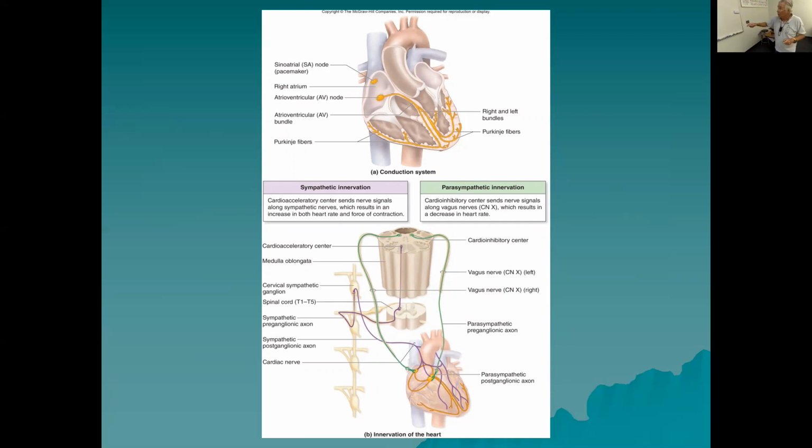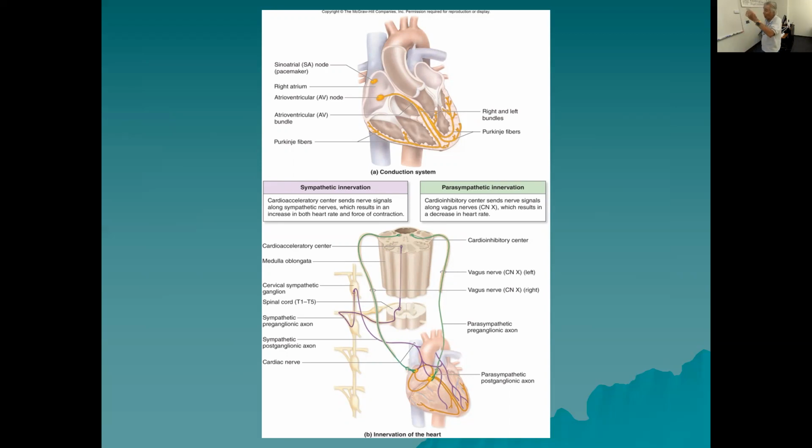Then below, we have the sympathetic and parasympathetic innervation of the heart. In purple is sympathetic. The cardiac acceleratory center sends nerve signals along sympathetic nerves down the spinal cord, leaves the spinal cord, and enters the sympathetic chain ganglia, where the postganglionic motor neurons are. You've got to remember the anatomy of the autonomic nervous system that we did in lab last semester.